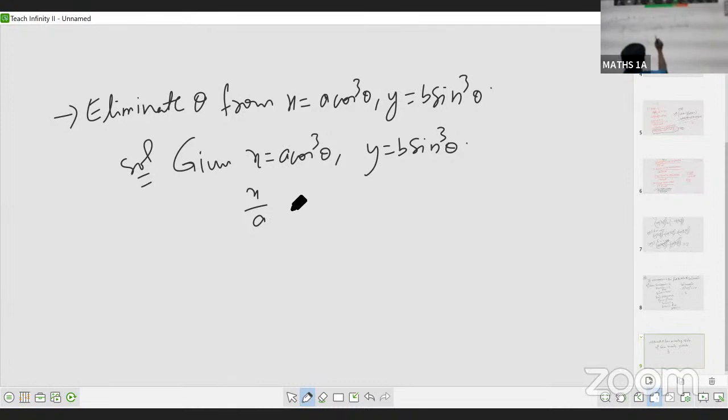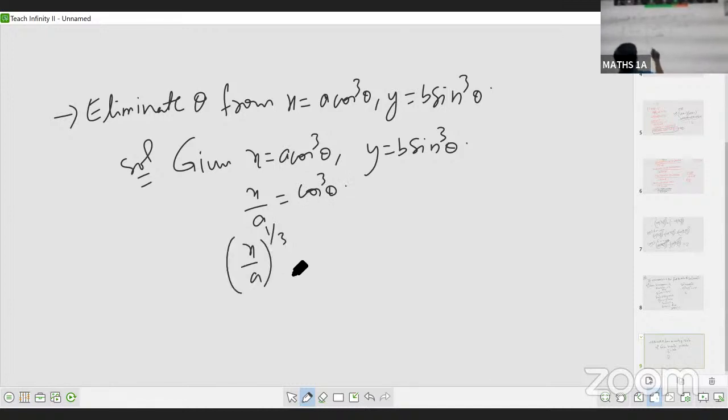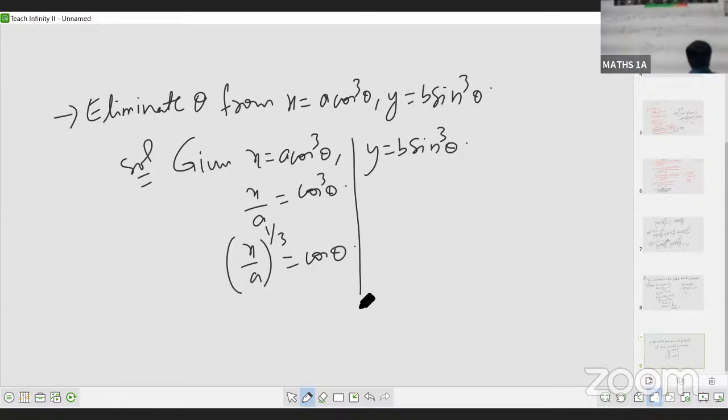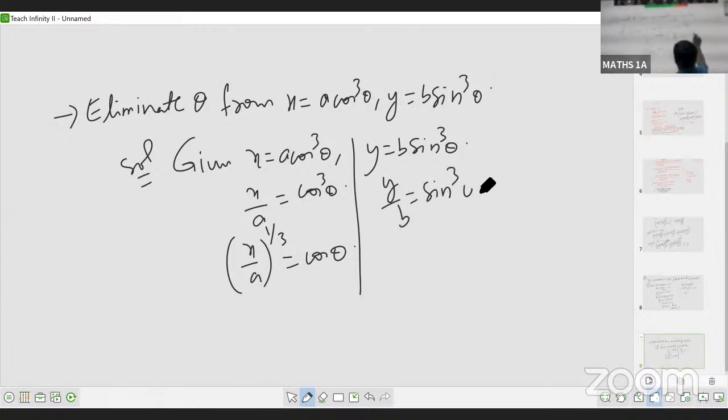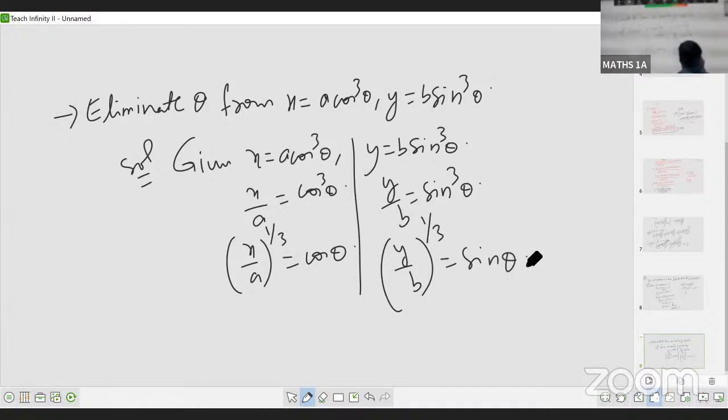So x by a is equal to cos cube theta. Now bring the cube to this side, then x by a whole power 1 by 3 equal to cos theta. This is how you make cos theta the subject. Next, y by b equal to sin cube theta, means y by b whole power 1 by 3 equal to sin theta. Same way: first bring b to the denominator, then y by b. Okay? Right.